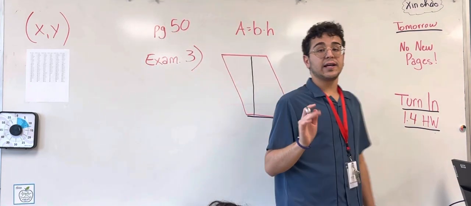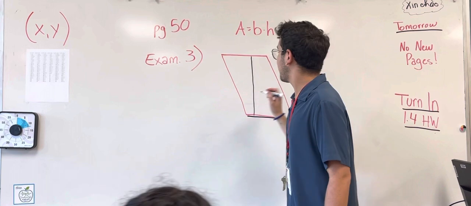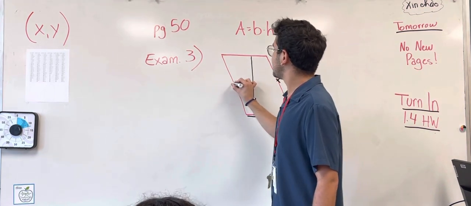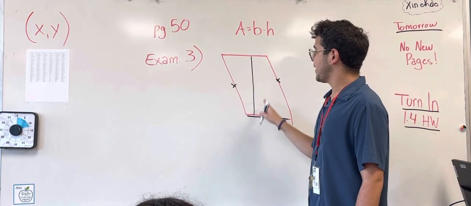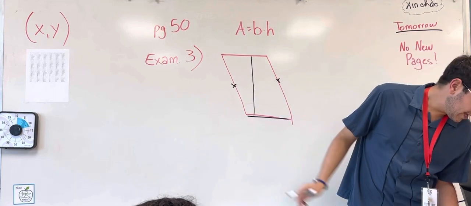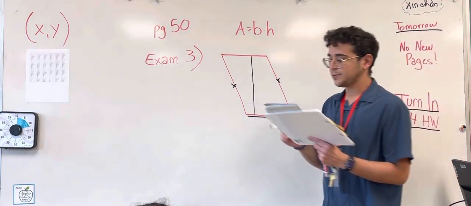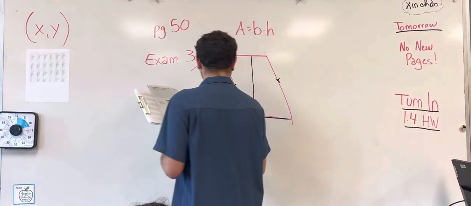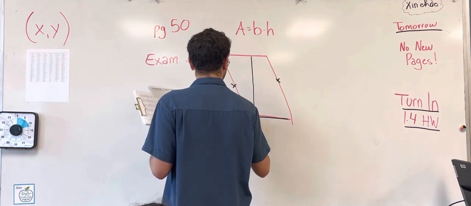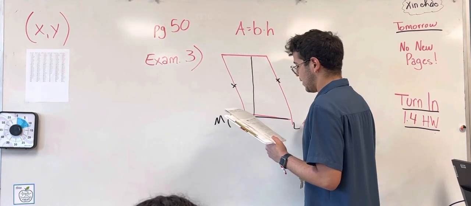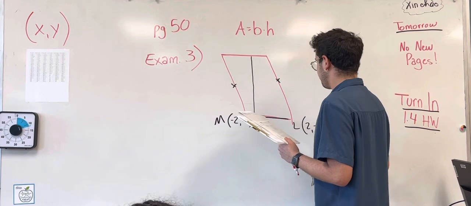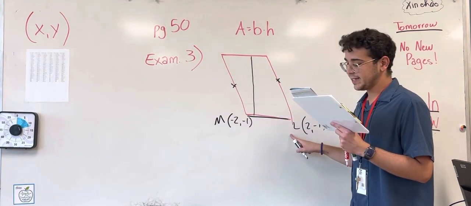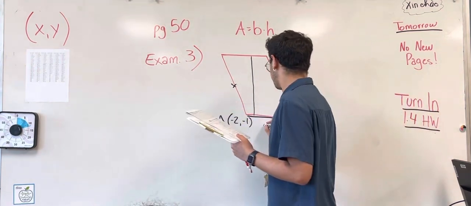So for the area of a parallelogram, the diagonal lines should not scare us. We do base times height. The base of the parallelogram, as we can count, goes from M at -2, -1, to L at 2, -1, right? When we count, that is 4 spaces.